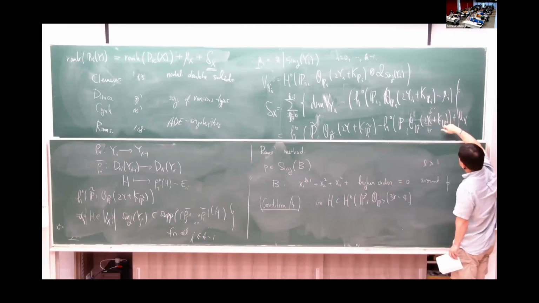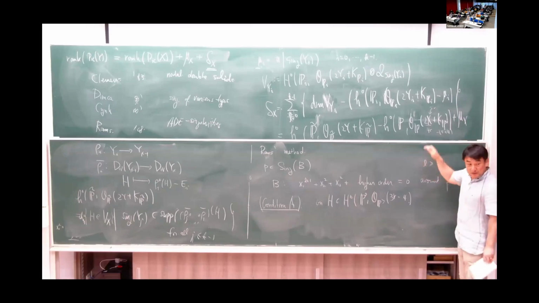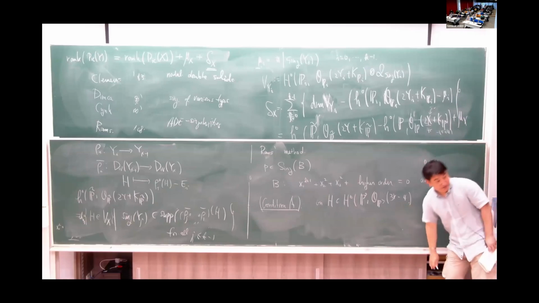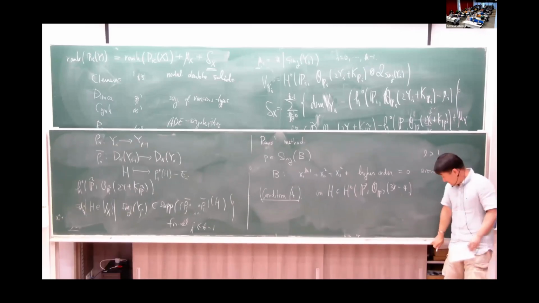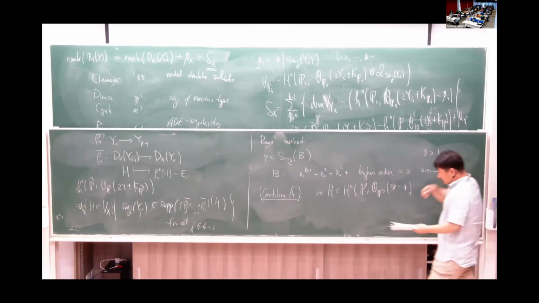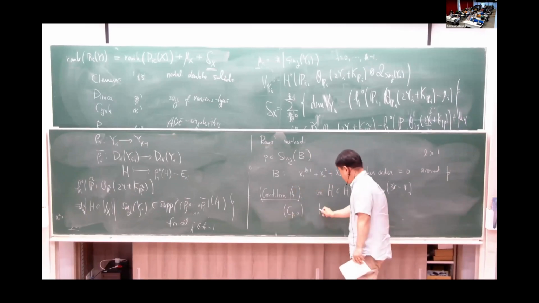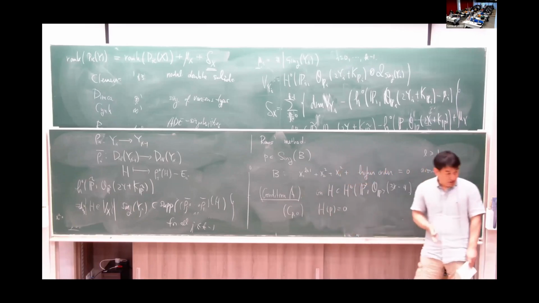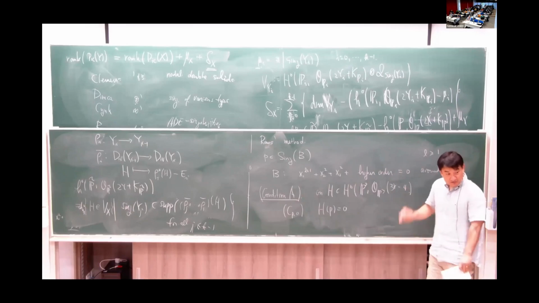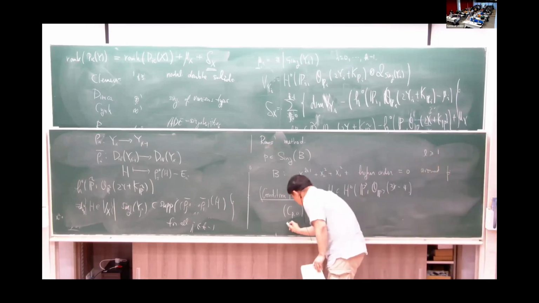And this is the degree minus R plus 4, right? So when you add up, you get this number. All right, and for this condition, I'll denote it C_P0. This is about H passing through P. This is one condition.